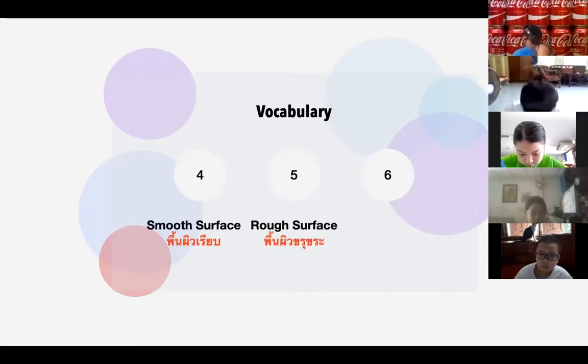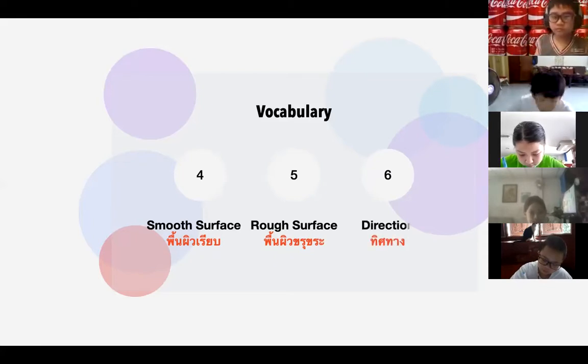Five, rough surface. And six, direction.